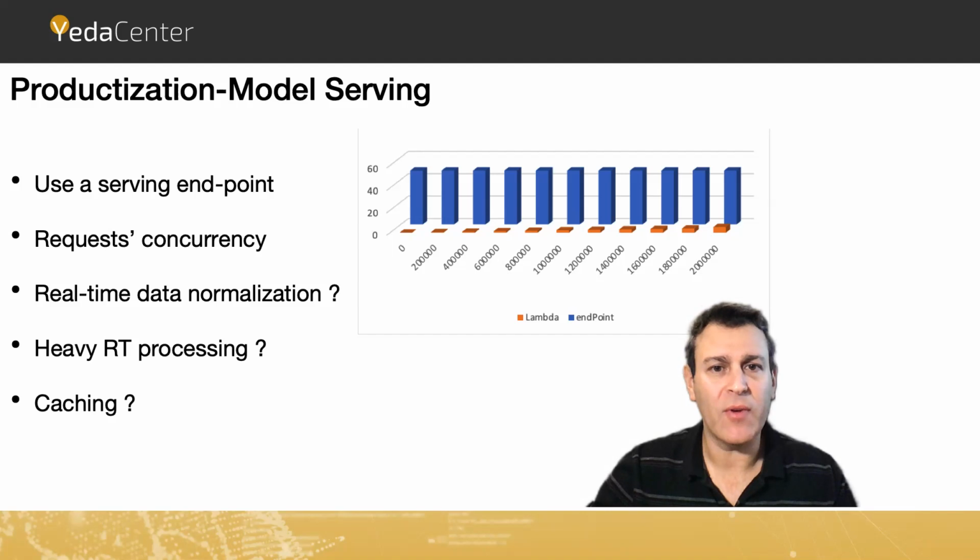Today you have other solutions like endpoint serving layers. You can find it in Amazon SageMaker or in Microsoft HDInsights or other solutions. Note that with these solutions, when you define them, you need to carefully check the default amount of instances.